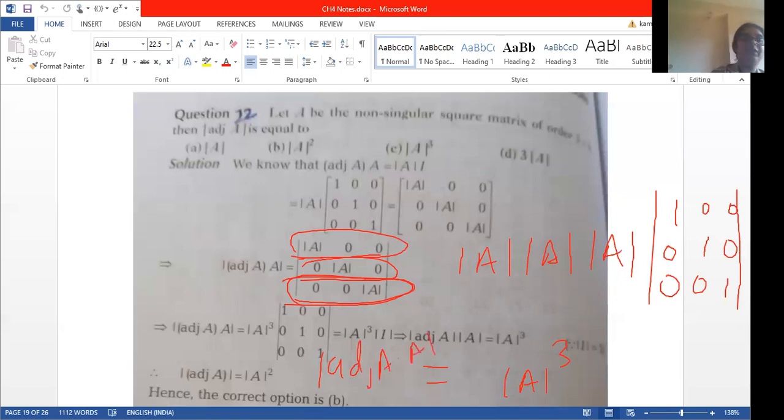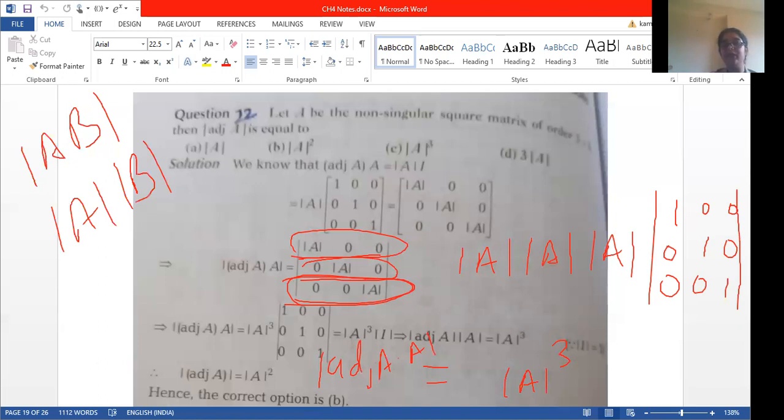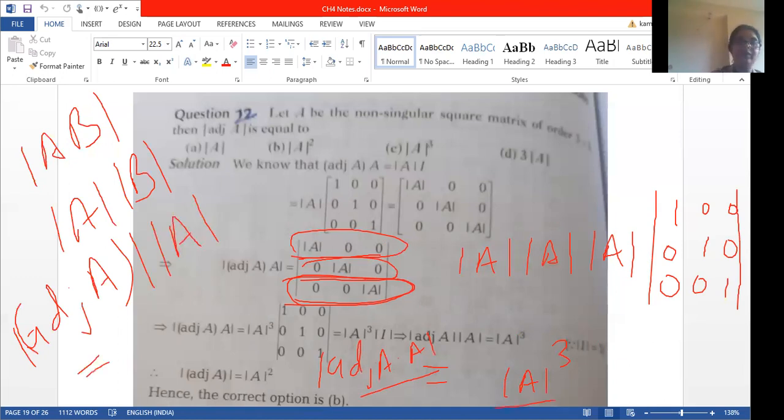Now, we have studied one more property. What did we study? Determinant of AB, if there are two matrices, is equal to determinant of A multiplied by determinant of B. Clear? So this determinant of adjoint of A into A can also be written as determinant of adjoint of A into determinant of A, which is equal to determinant of A cube. Yes, so one determinant of A will cancel with this determinant of A. So you will get here, square. One determinant of A will be cancelled from LHS and RHS.